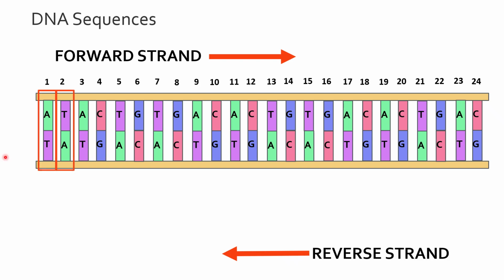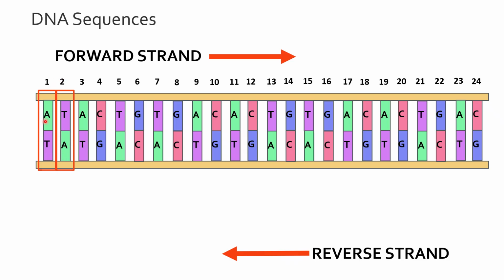So, for example, we could see here that we have an AT pair, and here we have an AT pair. But it's a little bit different because on position 1, the A is located here on the forward strand, but on position 2, the A is located on the reverse strand.